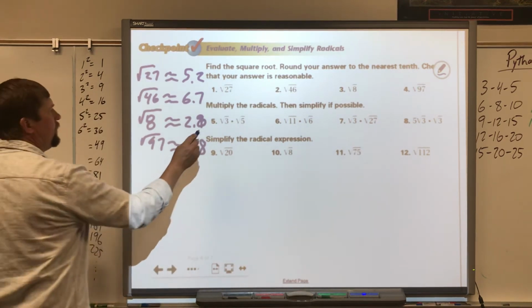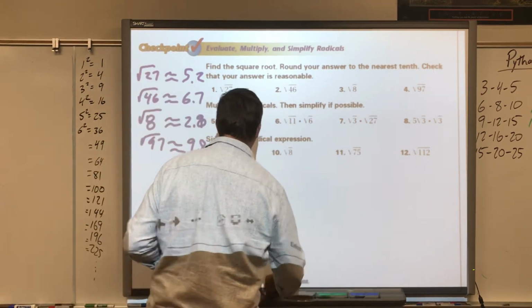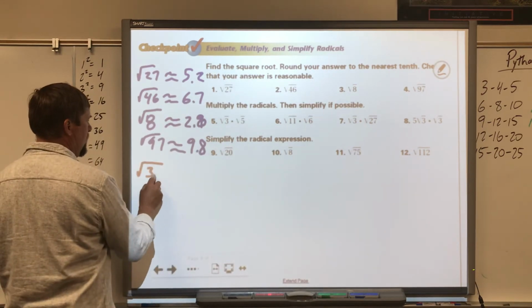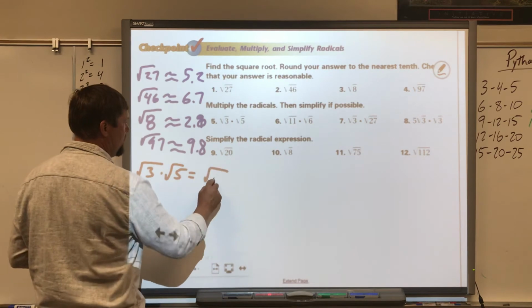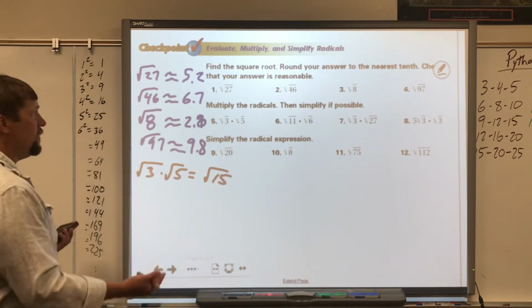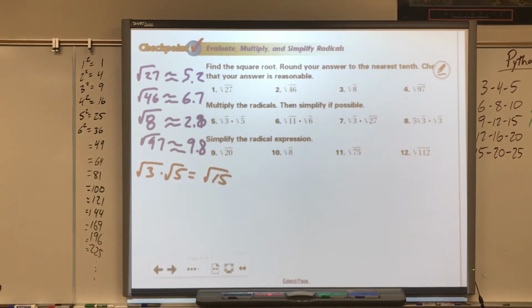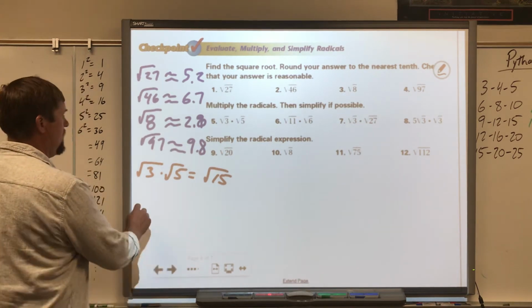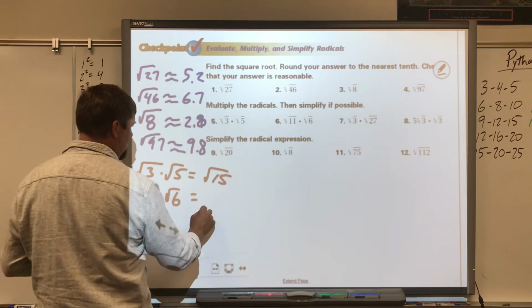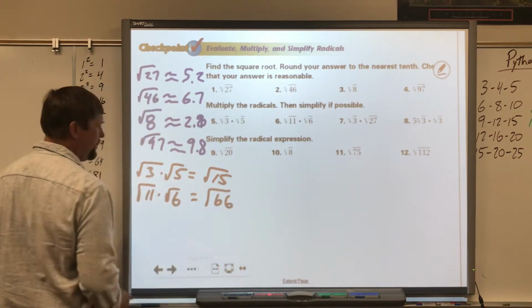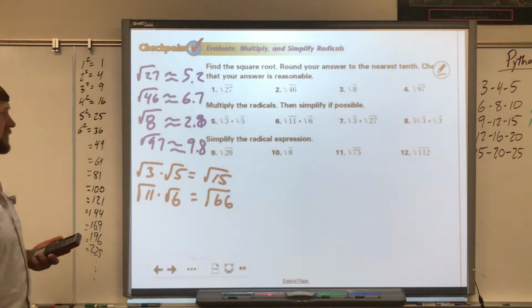Now, when we multiply the square root of 3 times the square root of 5, neither one of those are perfect squares. So we get the square root of 15, and there are no factors of 15 that are perfect squares, so we leave it like that. The square root of 11 times the square root of 6 is the square root of 66. There are no perfect square factors.